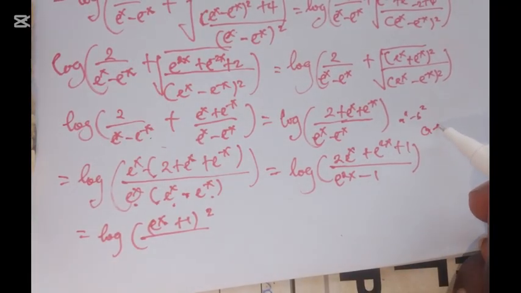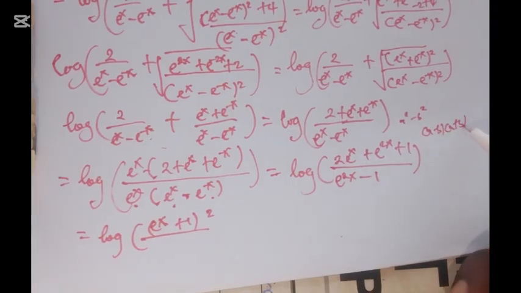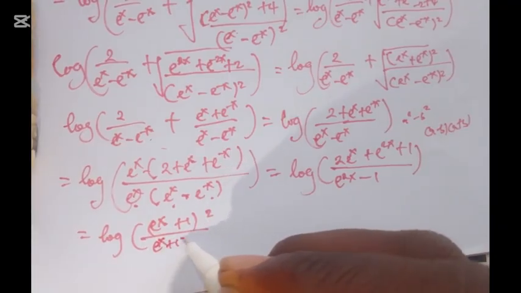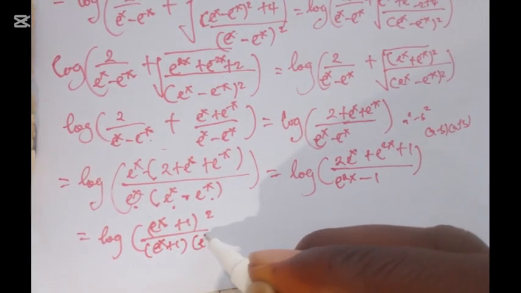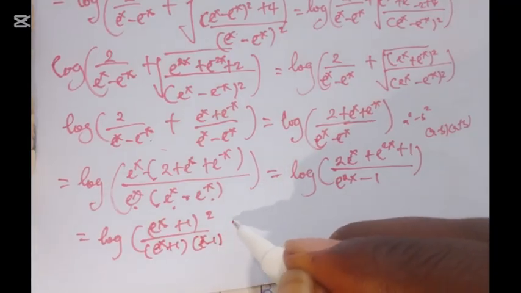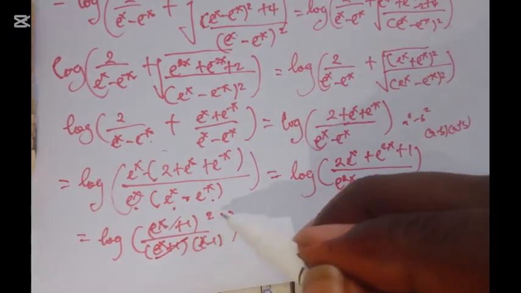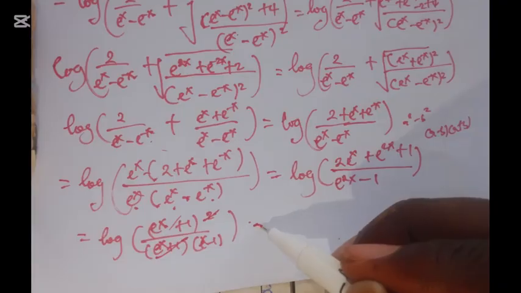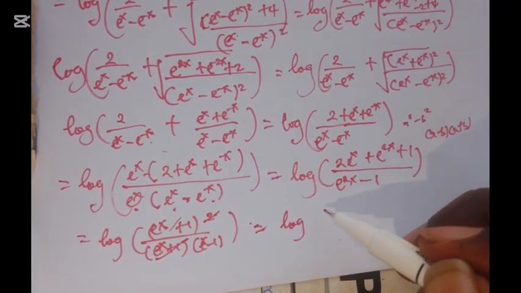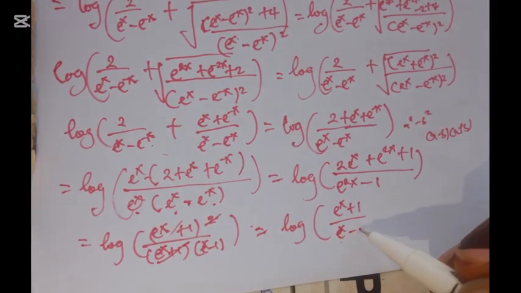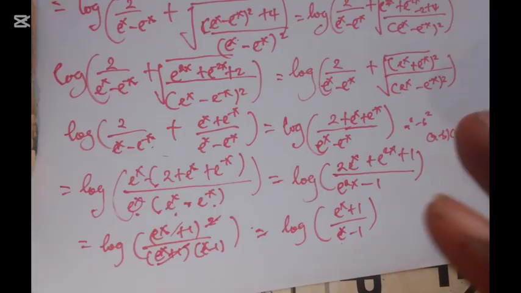This will give you a minus b multiplied by a plus b. So this will also give us exponential x plus 1, all right, then multiplied by exponential x minus 1. Yeah, this is cool. So what are we going to have now? We have exponential x plus 1. We cancel 1 out of this guy. So we have log, exponential x plus 1 over exponential x minus 1. You can see this is actually beautiful and cool.